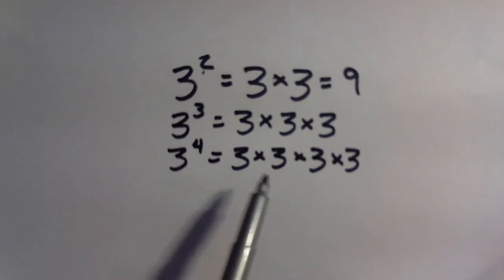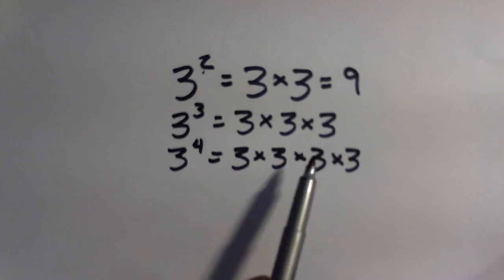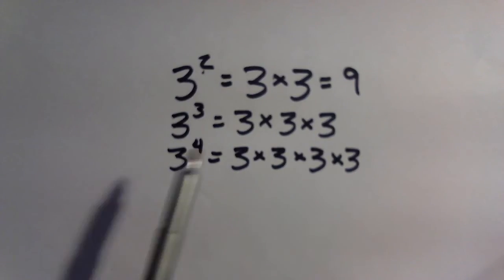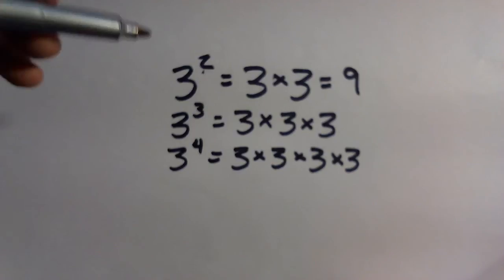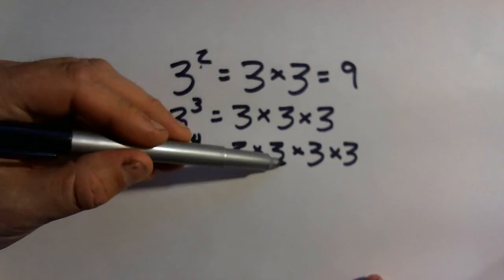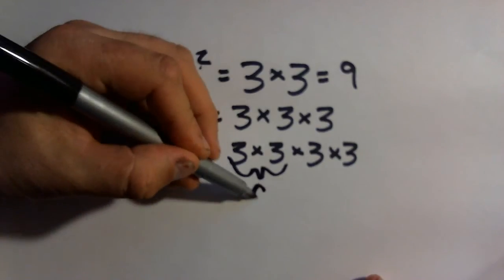We could either write, in this case, 3 to the 4th power as 3 times 3 times 3 times 3, or it's quicker just to write 3 to the 4th power so that we know it's 3 times 3 times 3 times 3. So that is what an exponent basically represents. And this segues into how we solve them. We just expand them out. So in the case of 3 to the 4th power, 3 times 3 is 9.